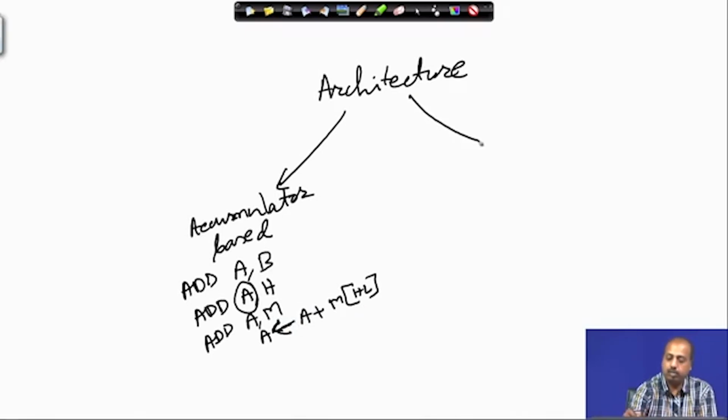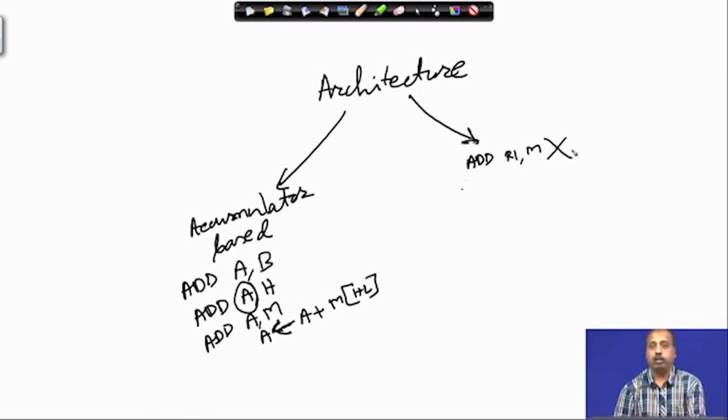In contrast, the load store architecture tells us that arithmetic instructions cannot use memory, so you cannot have an instruction like add R1 comma m. For accessing memory, we have specific instructions, load and store.